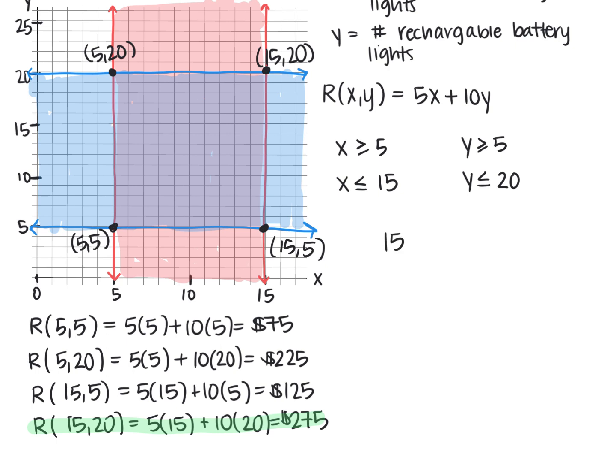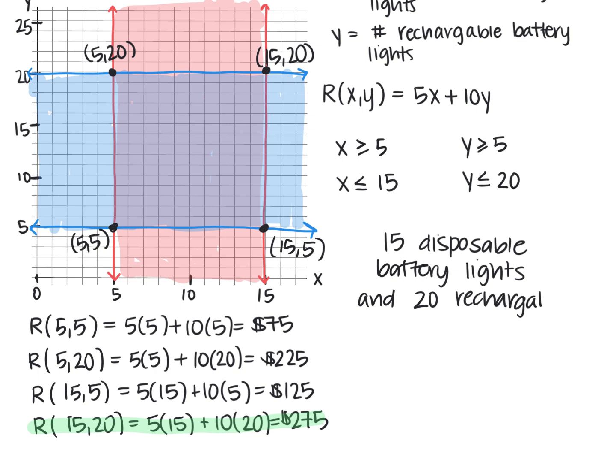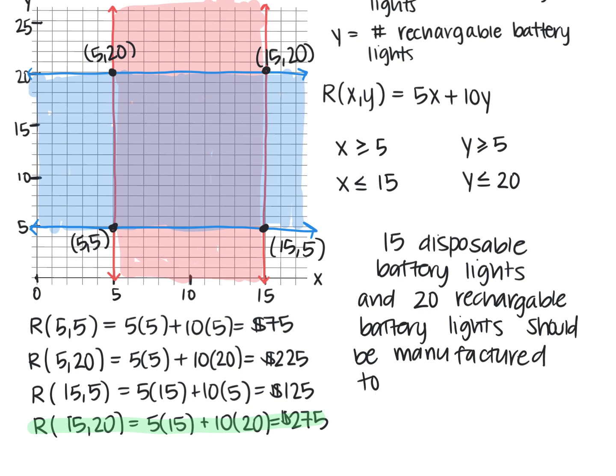So 15 disposable battery lights and 20 rechargeable battery lights should be manufactured to get a max profit of $275.